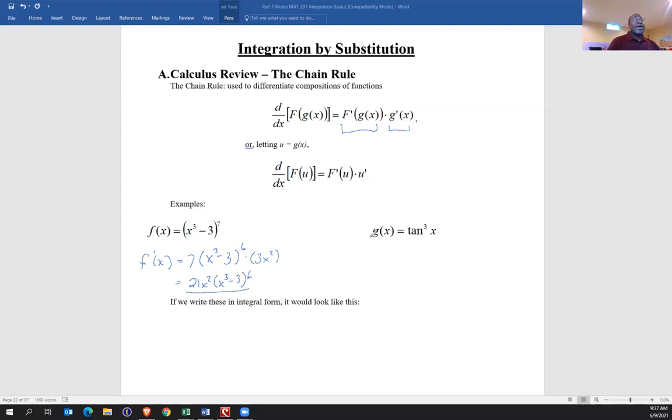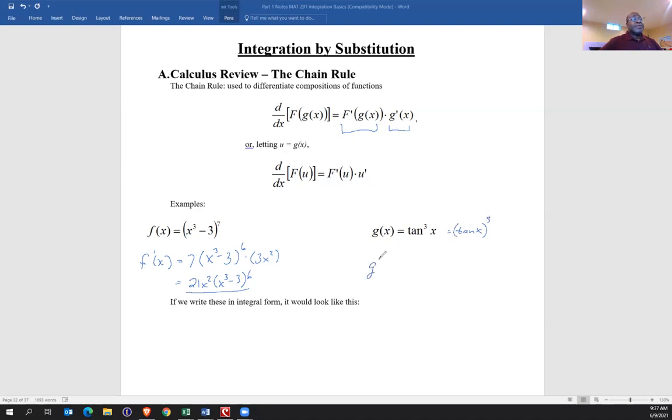Second example, we have g of x equals tangent cubed of x. Now here, once again, the outer function is the power, because remember, this is equivalent to saying the tangent of x raised to the 3rd power.